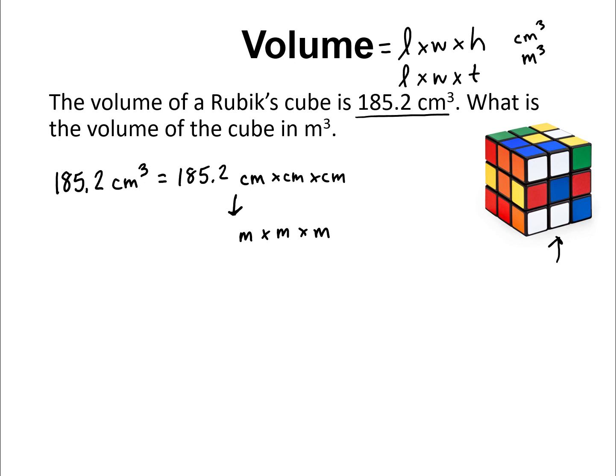And I'll show you what that looks like. Now we just used this unit equation for centimeters to meters. This time we'll do 1 centimeter is equal to 1 times 10 to the minus 2 meters.